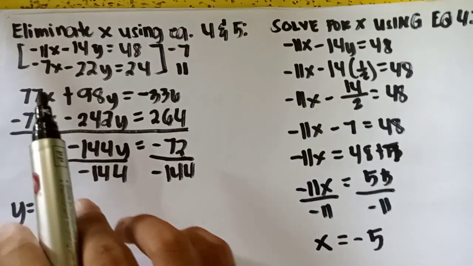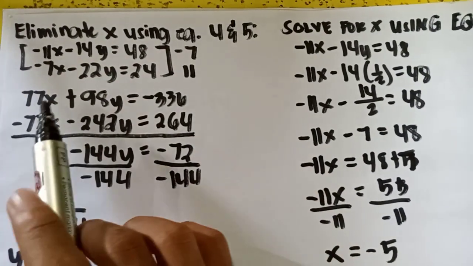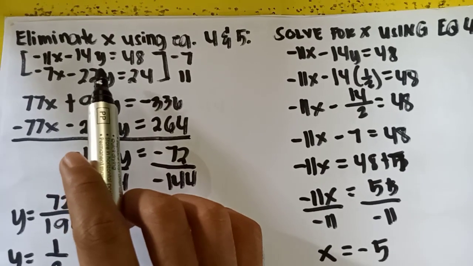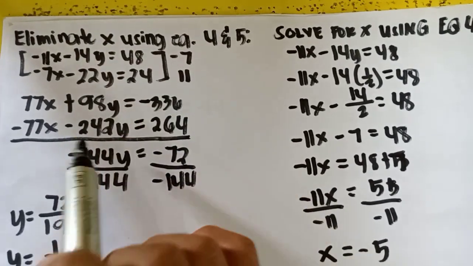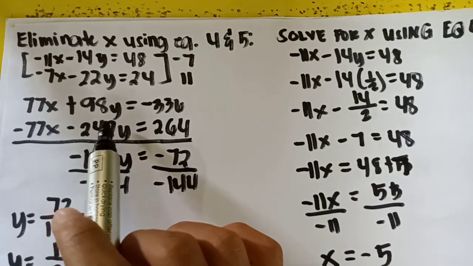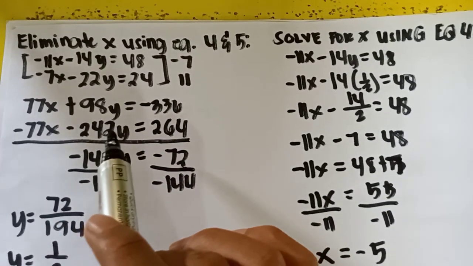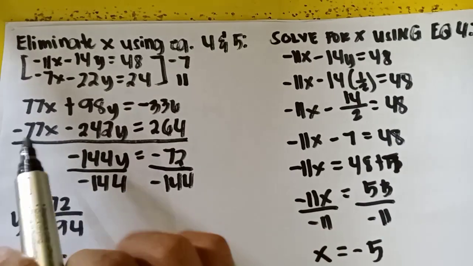So negative 11x times negative 7 is 77x. Negative 14y times negative 7 is positive 98y, and 48 times negative 7 is negative 336.